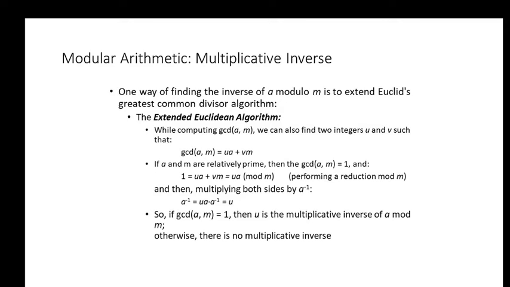If a and m are relatively prime, then the GCD of a, m is equal to 1, so 1 is equal to ua plus vm, that is ua mod m, performing a reduction mod m and then multiplying both sides by a to the power minus 1. a to the power minus 1 is equal to u·a·a to the power minus 1, that is equal to u. So if GCD of a, m is equal to 1, then u is the multiplicative inverse of a mod m. Otherwise, there is no multiplicative inverse.